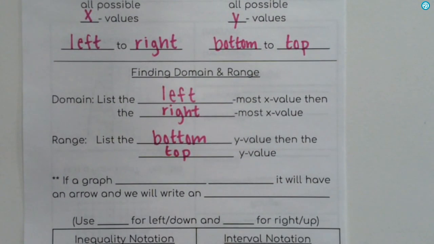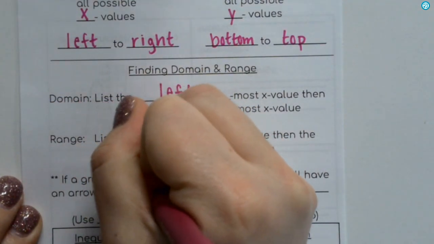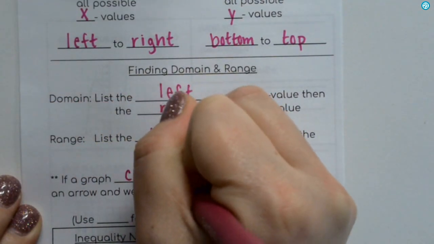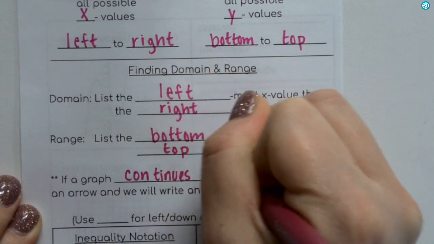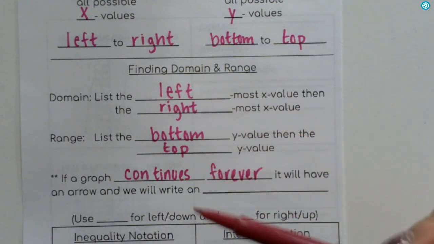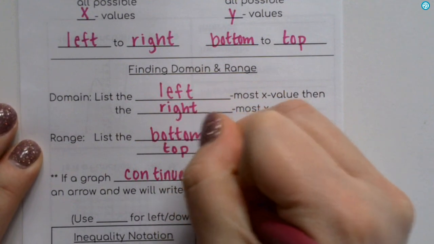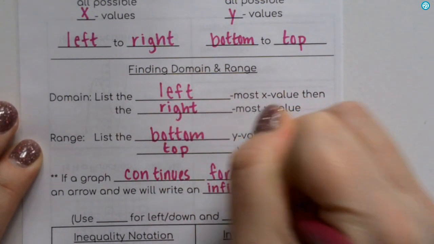There is going to be a pretty common occurrence that happens, which is that our graph continues forever. If a graph continues forever, it will have an arrow, either at the left, the right, the bottom, the top, or multiple of those. So if it ends with an arrow, that means it continues forever, and we will write an infinity symbol instead of a number.